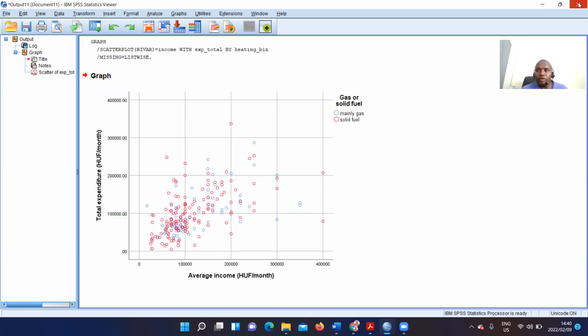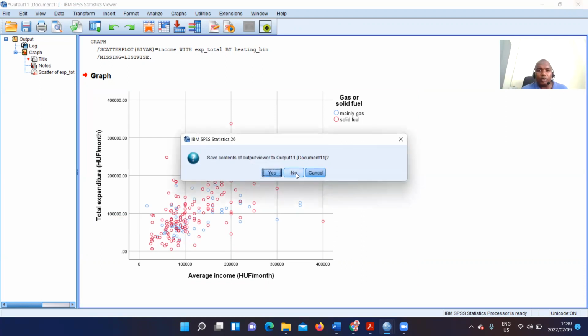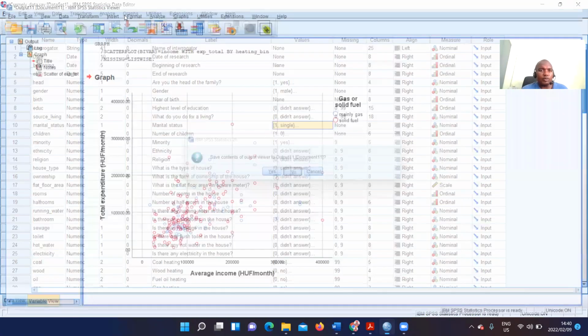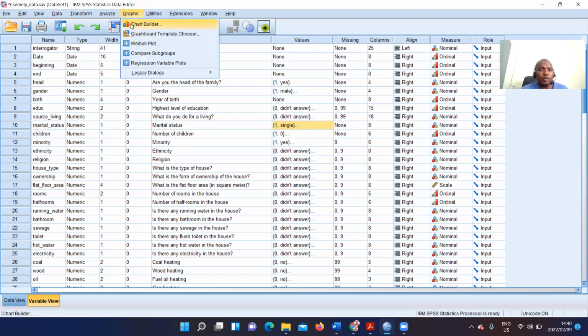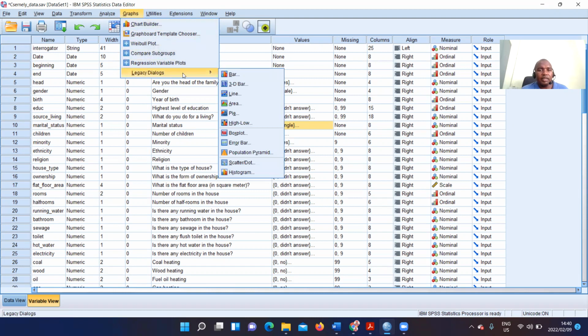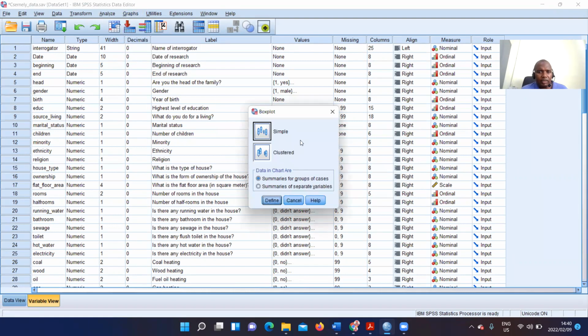You can also do what is known as a box plot. I'm trying by all means to cover much of descriptive analysis. For a box plot, you go to graphs, legacy dialogues, and then you go to box plot. We must look for the box plot. And then the one which we are interested in is the simple box plot.